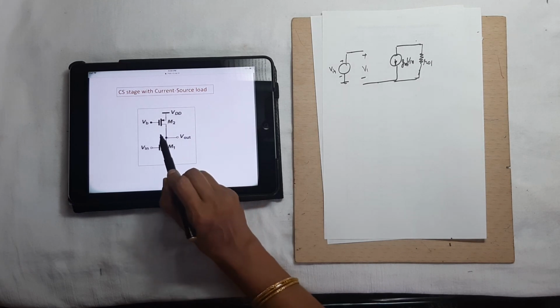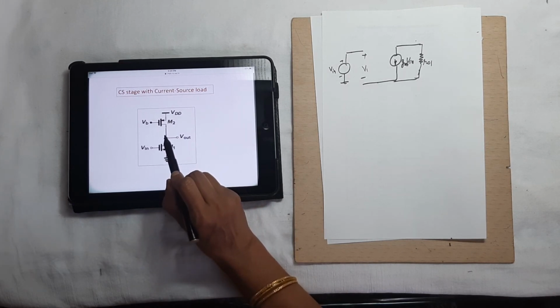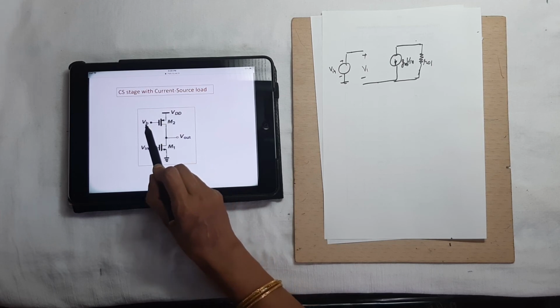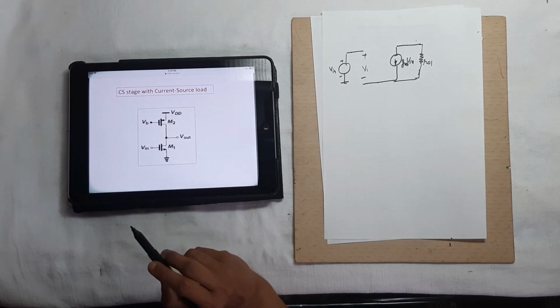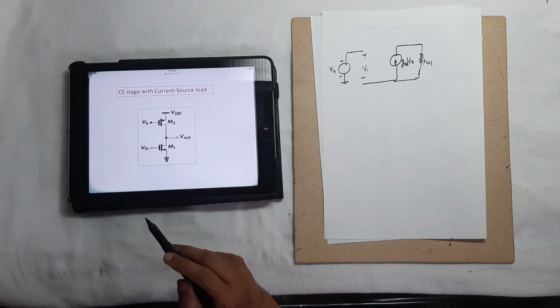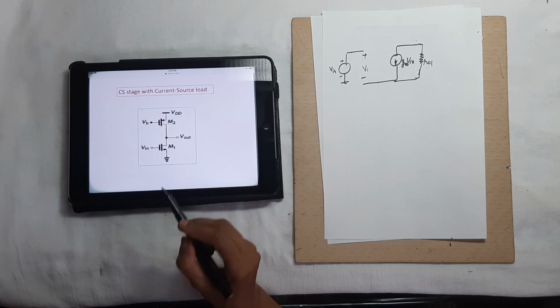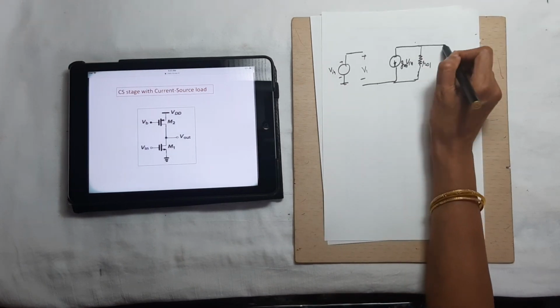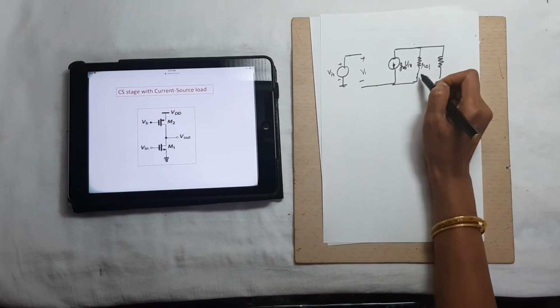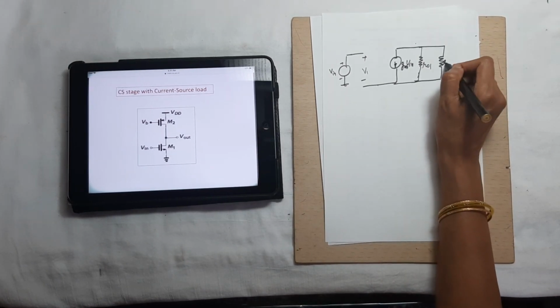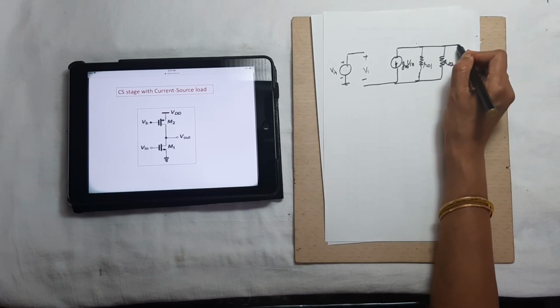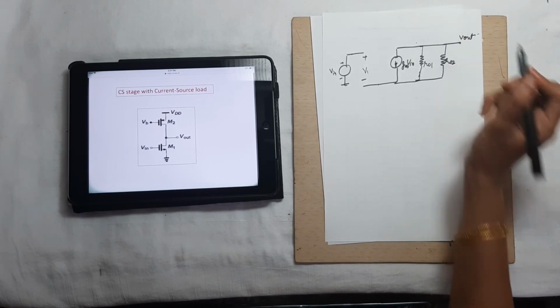Therefore, if you consider the first part, that is gm into VGS, that becomes 0, because the gate to source voltage VGS will be 0, since this is 0 and this is 0. We will not get gm into VGS with respect to the transistor M2. Now what are we left with? We are left with only r02 with respect to the transistor M2, and this is the output voltage.